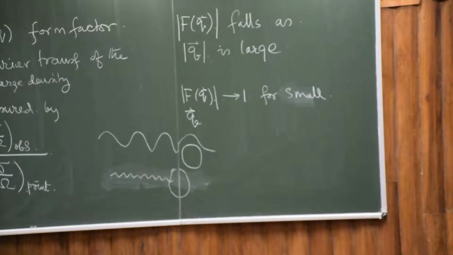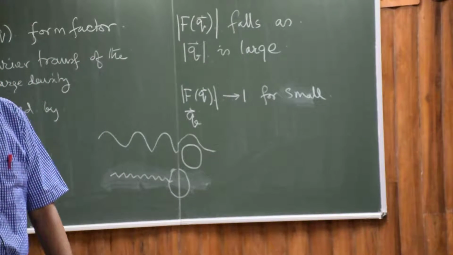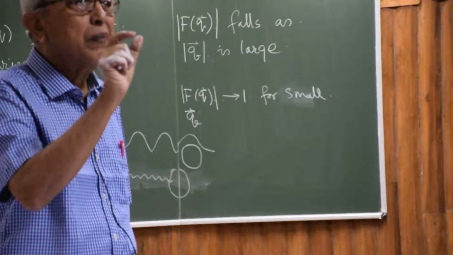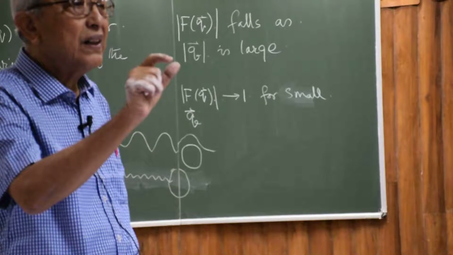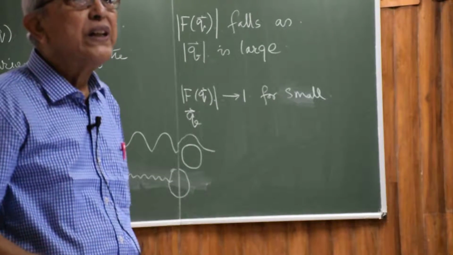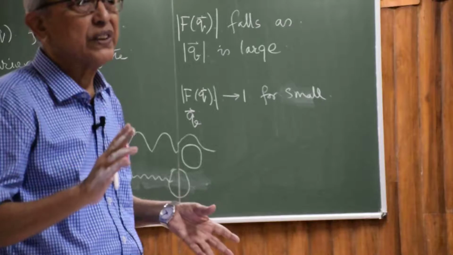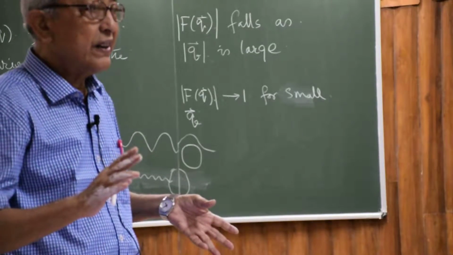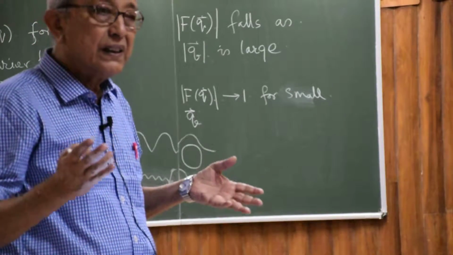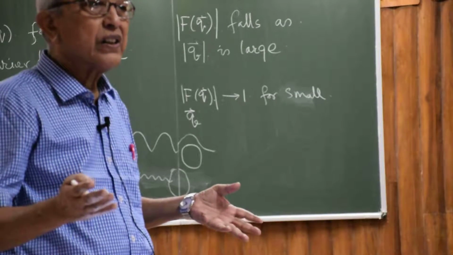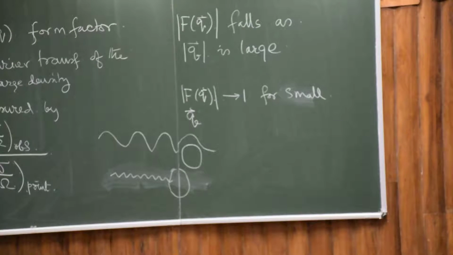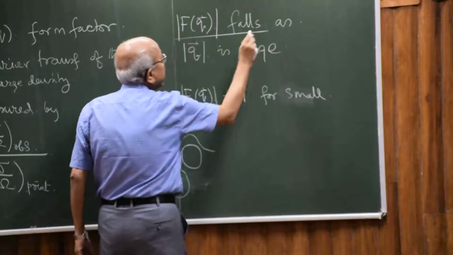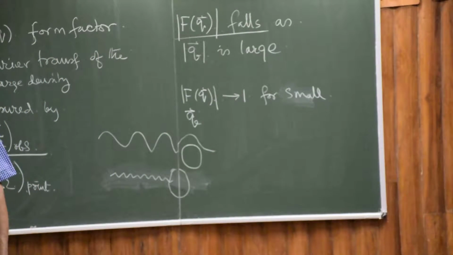Then you see that the wavelength is small, which means it will scatter from part of the target. Therefore, it does not see the full charge of the target. That means its cross section should fall, and this fall is measured by the fall in the form factor.